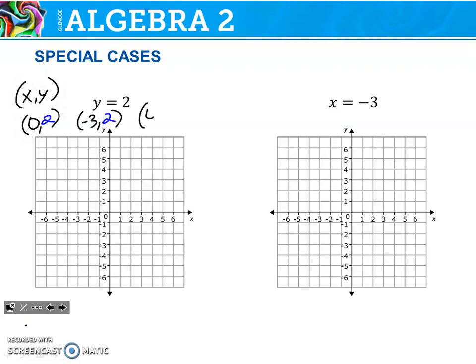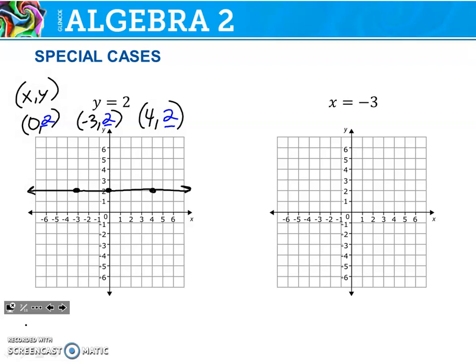I could have 4 with a Y value equaling 2. Okay? All of those points are going to be on this line because all of those points have a Y value that equals 2. So 0, 2, -3, 2, and 4, 2. So what kind of line is this based on you guys graphing those points where Y equals 2? Well, that would be a horizontal line.